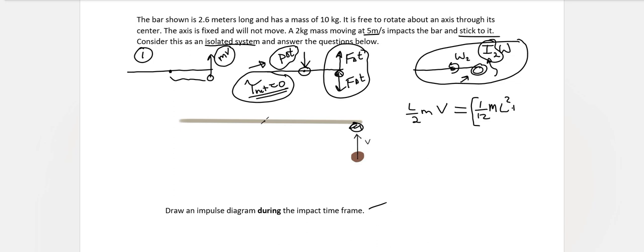So I'm going to tack on a little m for the putty times (L/2) squared, because remember when you calculate moment of inertia, it's the sum of all the mr squareds. So this represents the total moment of inertia of the system with the putty attached to it, times the new angular velocity, the angular velocity in picture 2.